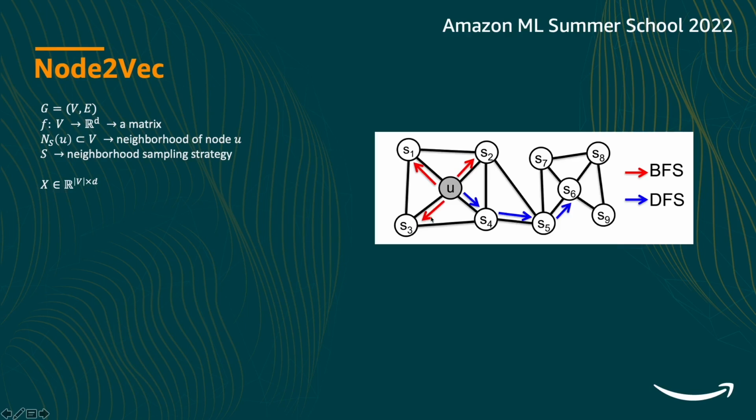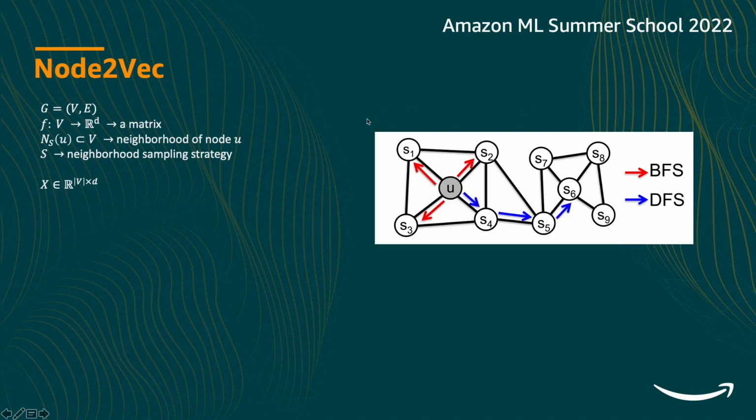So if we do BFS, we stay closer to our source node, and with DFS we jump further away from our source node, and we can also choose to do something in between. And this node2vec algorithm tries to improve the DeepWalk algorithm in these respects. So let us see how it does that.